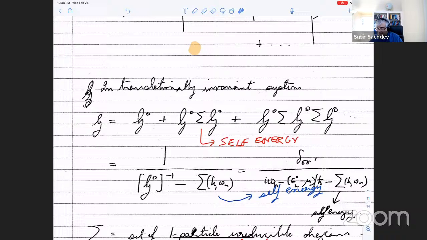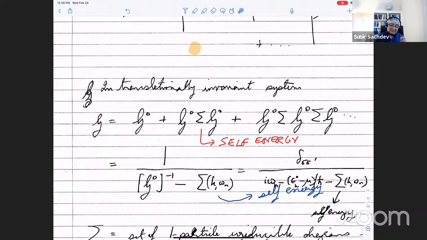And that tells you why this is called a self-energy. It's like the renormalization of the energy of the particle due to the interactions. When you're computing one Green's function, you're computing how some particle propagates through the system. And roughly speaking, the effect of the environment is simply to change the energy of the particle.